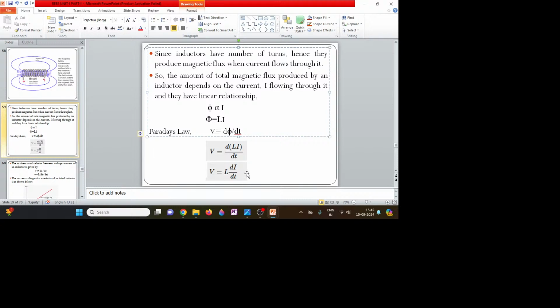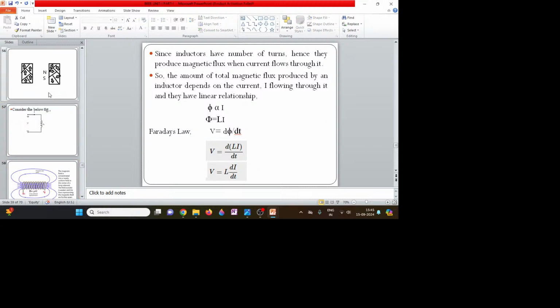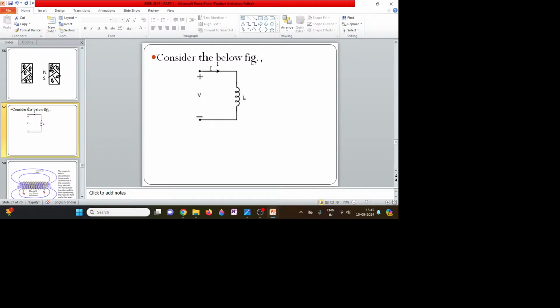All of you write down whatever is visible here on this slide. Before that, you better draw this diagram.